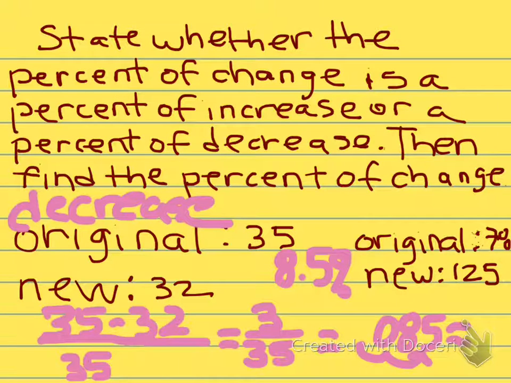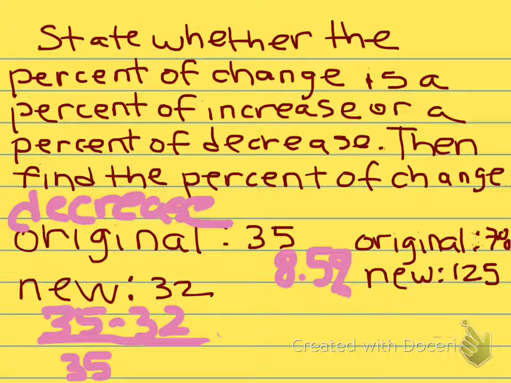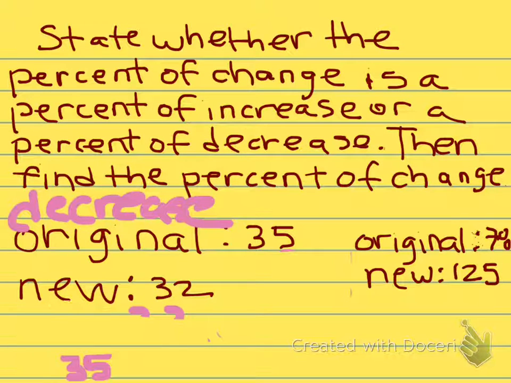Now we're going to do the next one, which is the original is 78 and the new is 125. So let me erase this so we have some room. And so we get the original 78, the new 125.